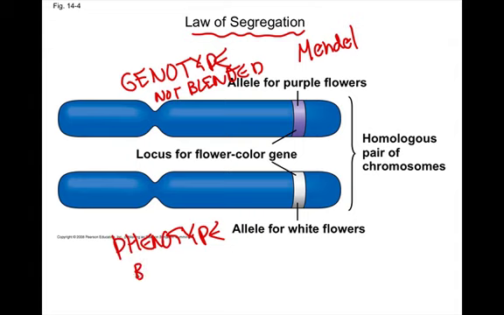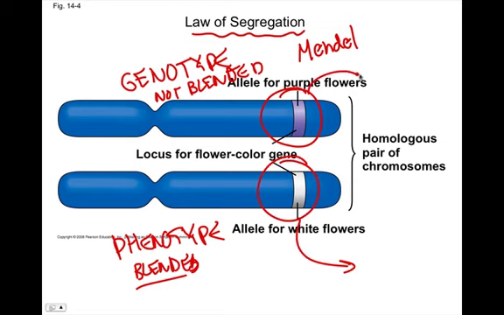And when it's time to send on this genetic trait, either one or the other allele is sent on. Okay, so in this case, it's purple and white flowers, and you send on one or the other to an offspring.